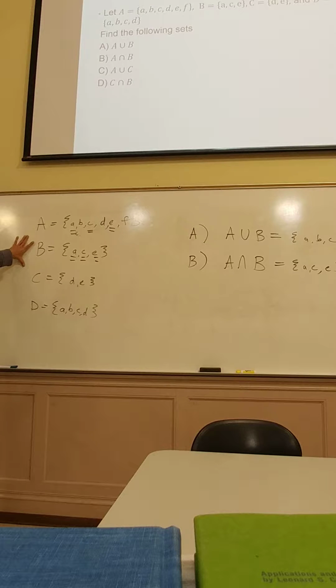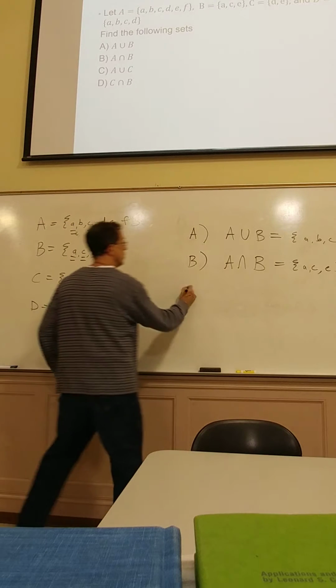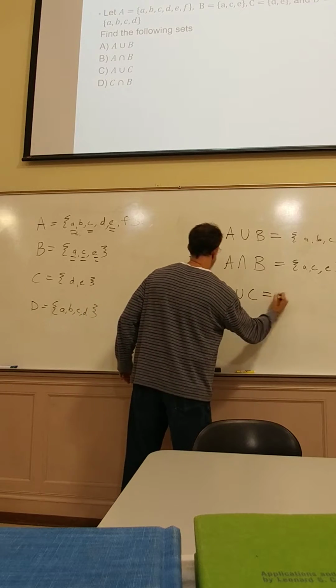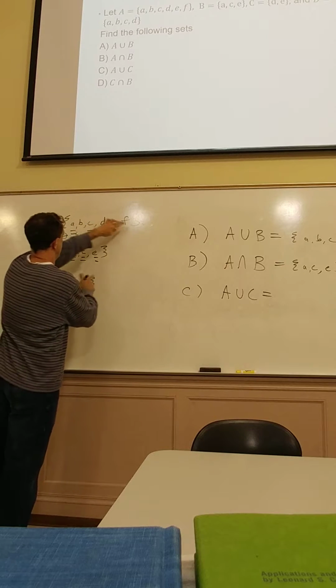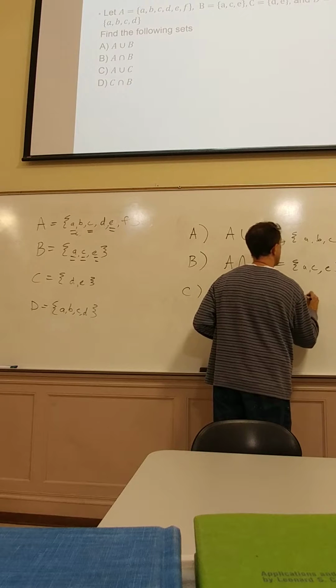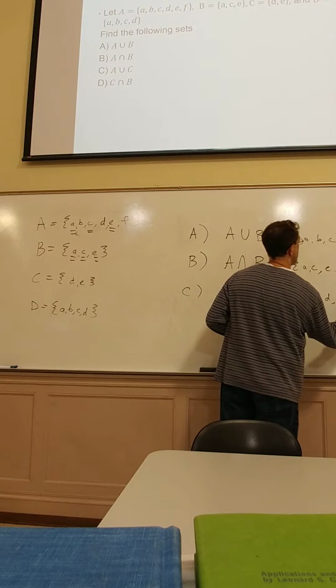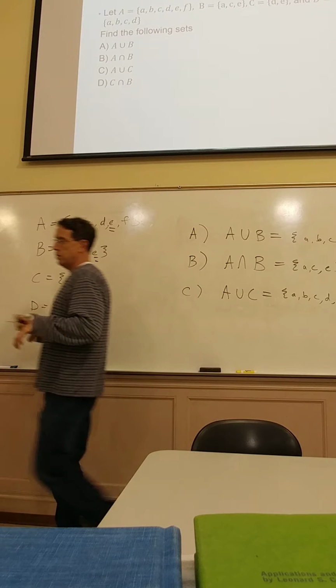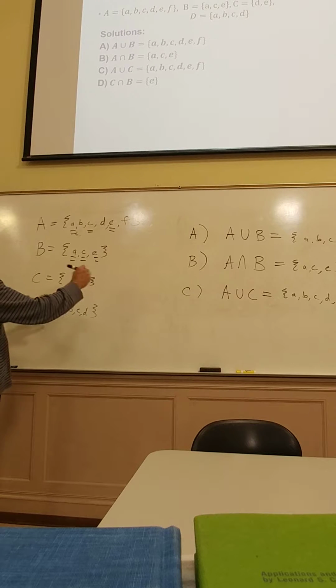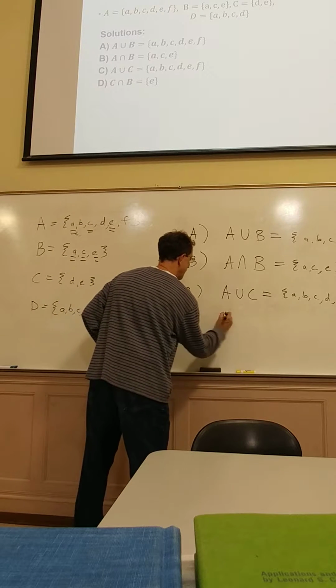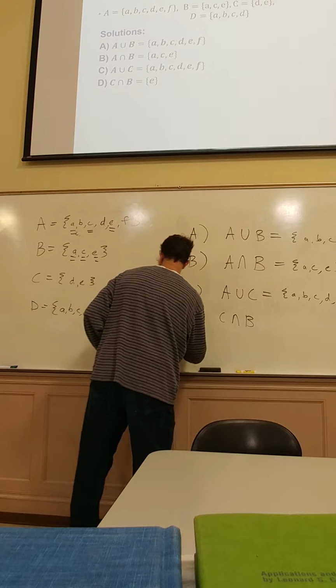A union C is basically, I'll just go through it. I think we kind of got the gist of this now. We're doing OR, so it's in one set or the other. So it would be A, B, C, D, E, and then F. And then the last one, the intersection of C and B is just the element E, it looks like.